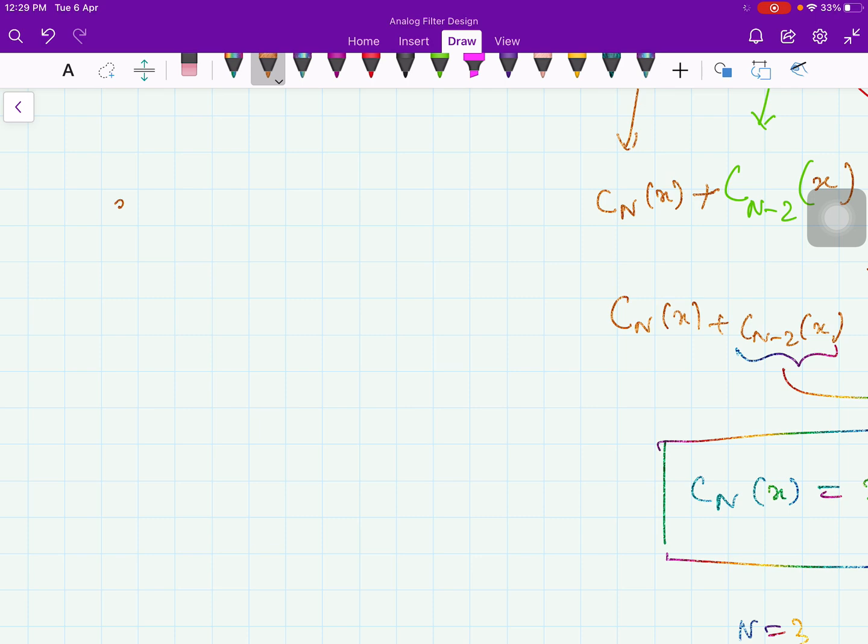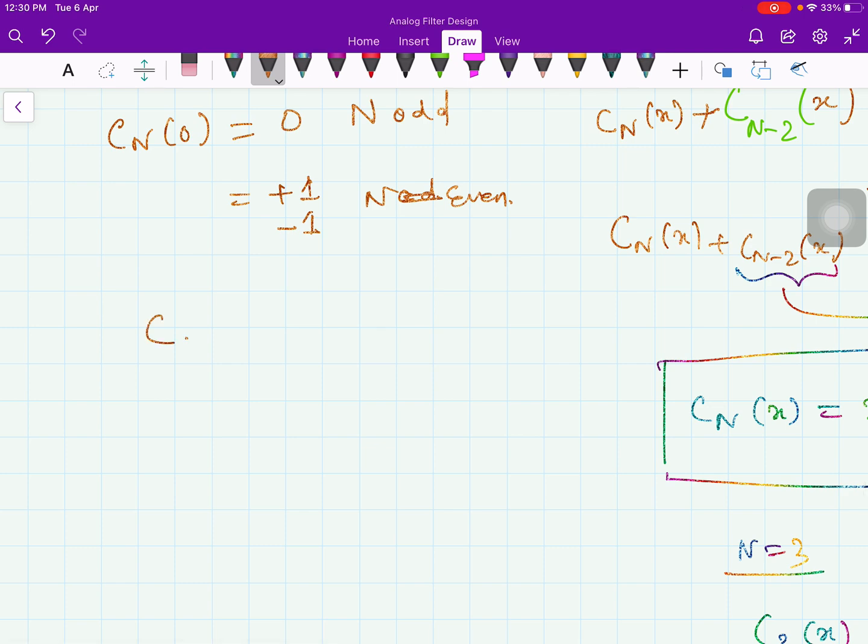Therefore Cn of 0 is equal to 0 for n odd, and equal to plus 1 or minus 1 for n even. Because C2 of 0 is equal to minus 1, but C4 of 0 is plus 1.